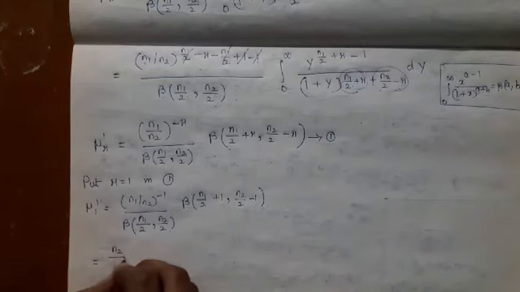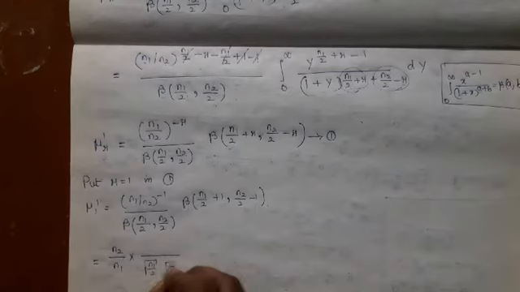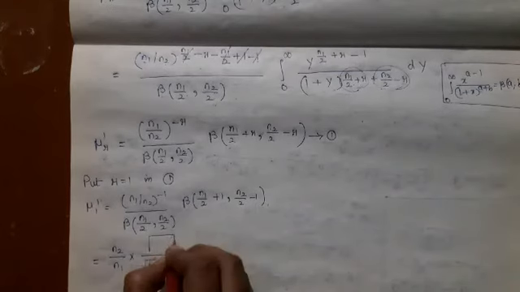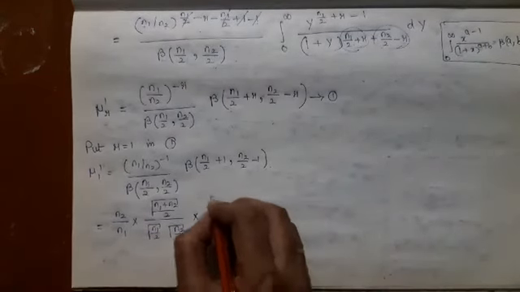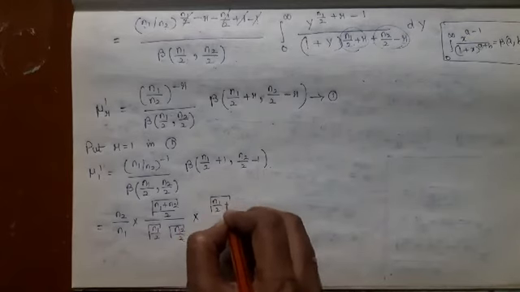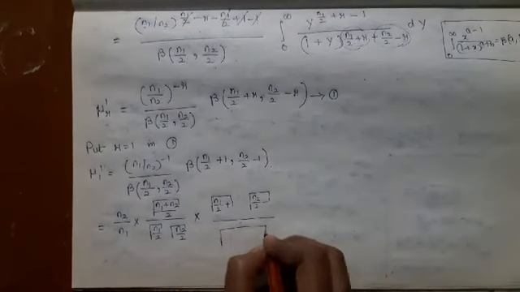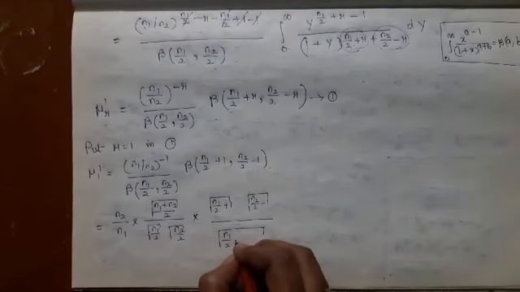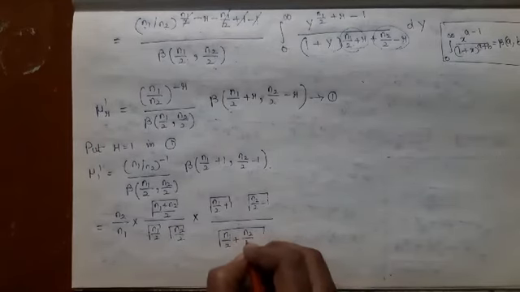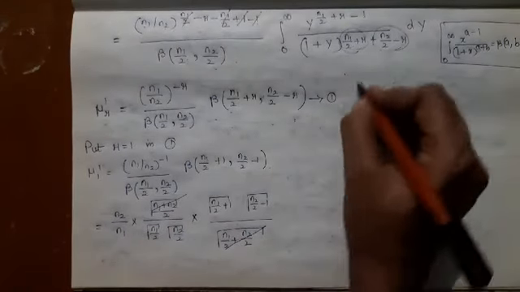This can be written as n2/n1 times gamma(n1/2 + 1) gamma(n2/2 - 1) divided by gamma((n1+n2)/2), divided by gamma(n1/2) gamma(n2/2) over gamma((n1+n2)/2). The denominator of the denominator goes to the numerator. When you add these, the 1 and 1 get cancelled, so you have n1/2 + n2/2, and this term and this term get cancelled, right?